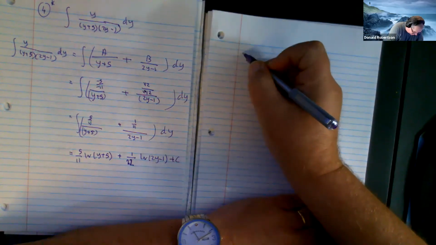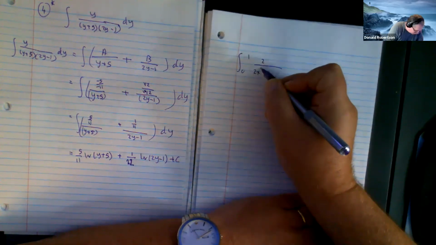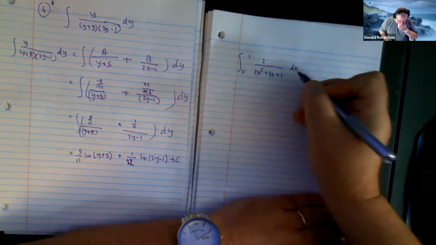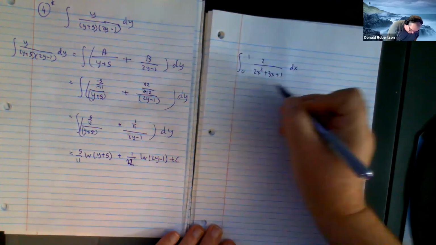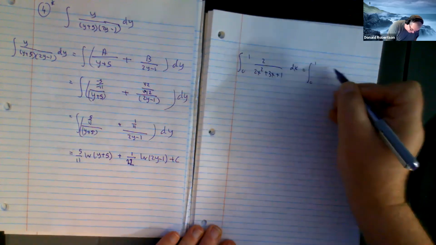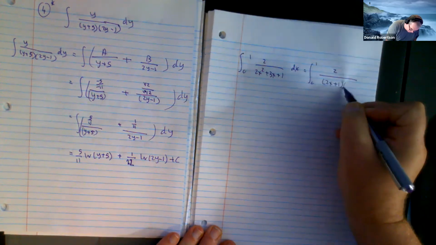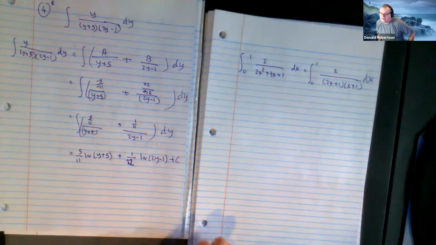This is the integral from 0 to 1, 2 over 2x squared plus thingy plus 1, right? And if you want to integrate this fella, there's a step that is necessary, which is basically, don't you have to make sure that before you start, everything's factored?